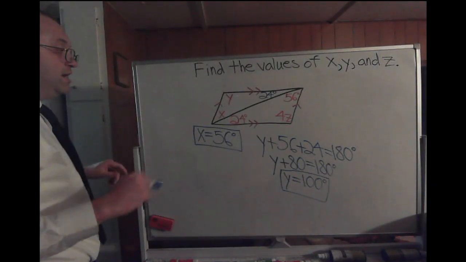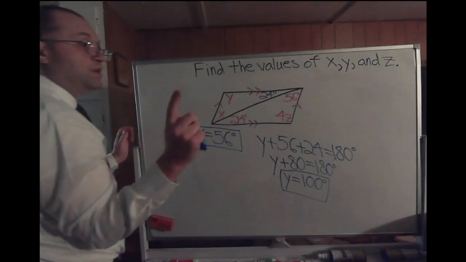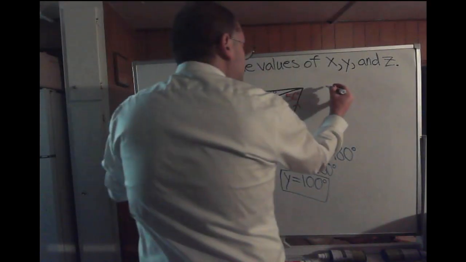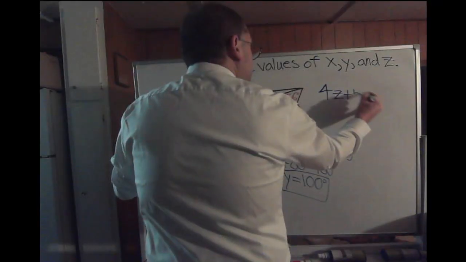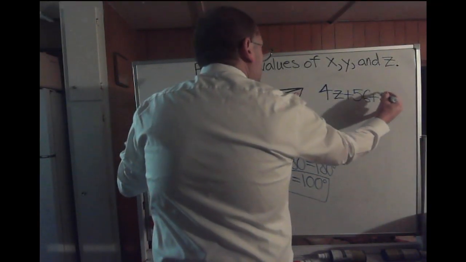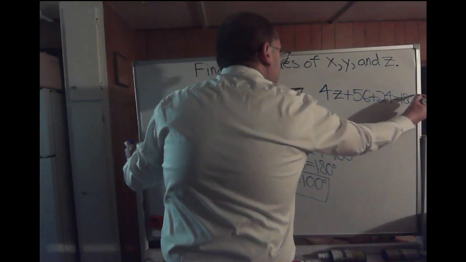So now 4z is supplementary to 56 plus 24. So let's go ahead and settle that right now. If we take 4z plus 56 plus 24, we set that equal to 180 since they're supplementary.